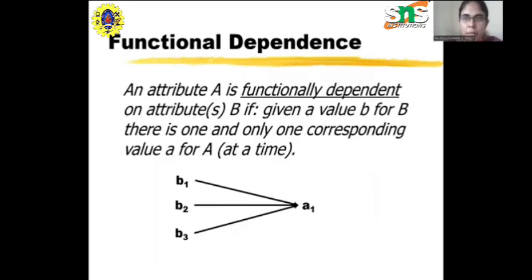We call an attribute A functionally dependent on attribute B if and only if for a given value of the particular attribute B, there is only one corresponding value for A. So this is functional dependency.